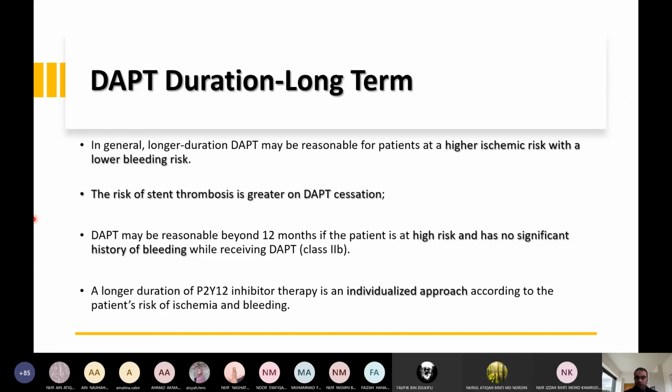The class of recommendation is not that strong, and a longer duration of the P2Y12 inhibitor should be an individualized approach. Okay, so maybe some of you are now asking, what do you mean by individualized approach, and how can we individualize this approach?